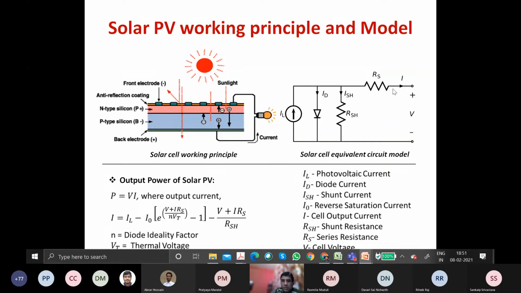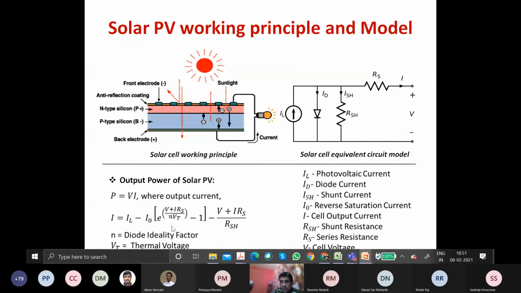And this is related to this equation. The current coming to the load, I, the output current, is IL, the source current, minus the diode current. The diode current is I naught times e to the power (V plus I RS) over Vt, minus 1. I naught is the reverse saturation current, so this whole term is basically ID, the diode current.